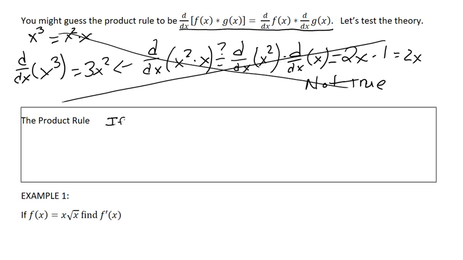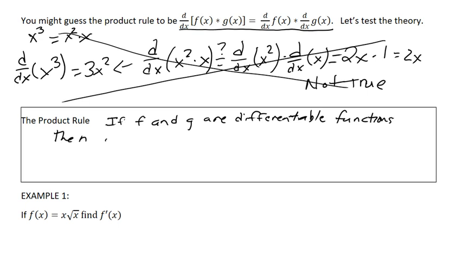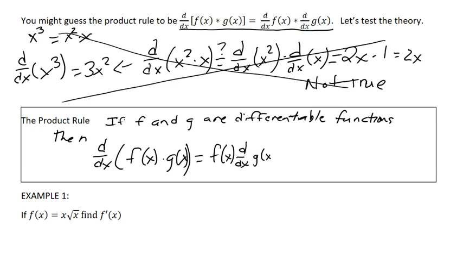If f and g are differentiable functions, then the derivative of f of x times g of x equals the first times the derivative of the second, plus the second times the derivative of the first.